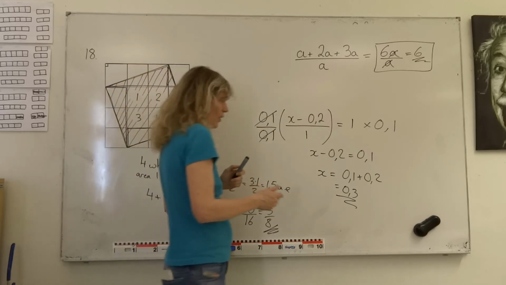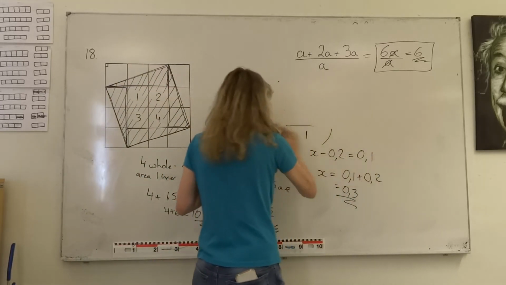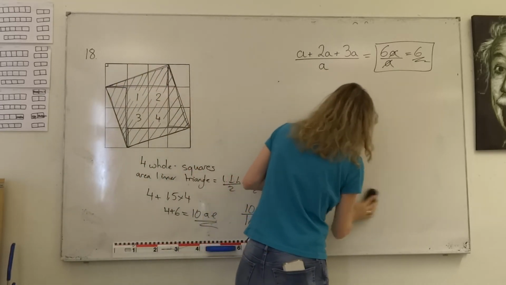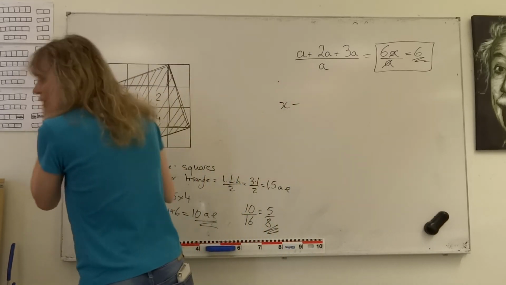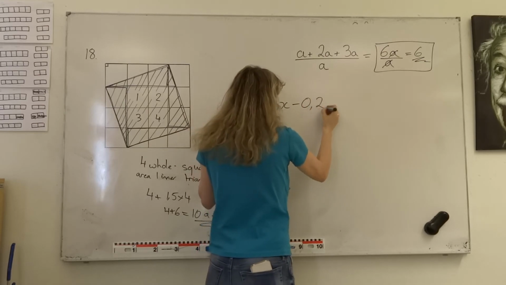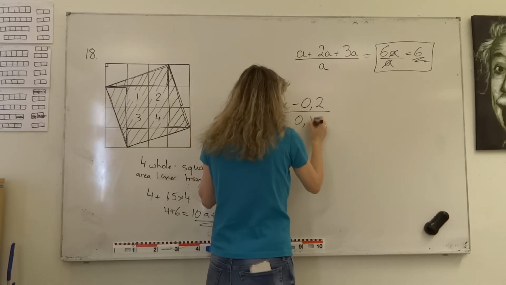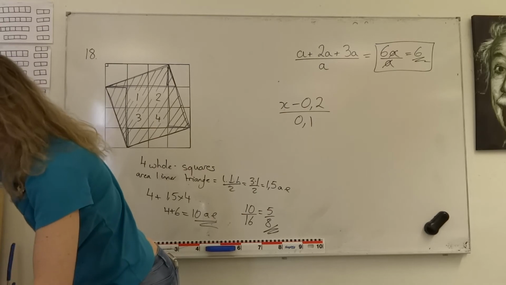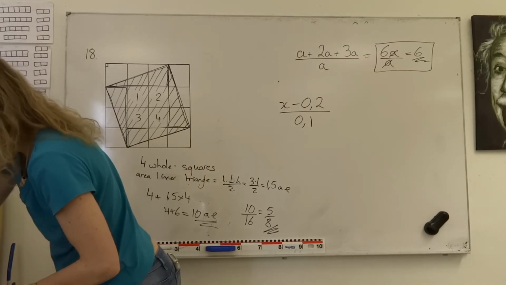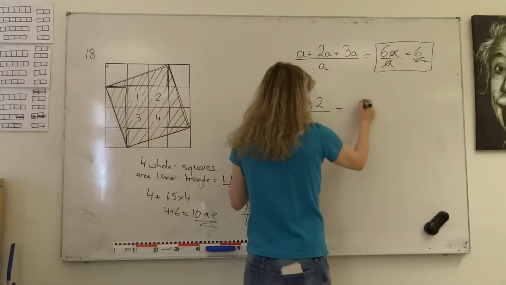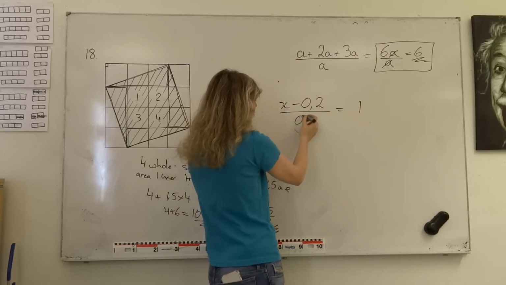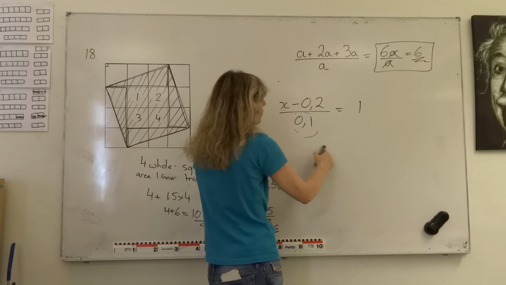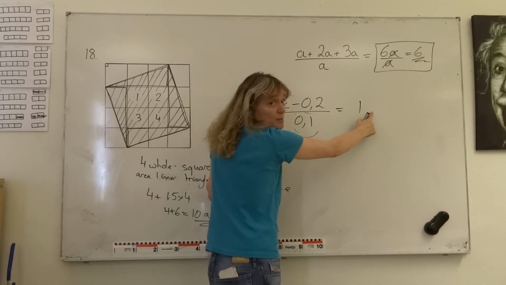Another way of doing this one, which I think is a little bit easier, is if we rewrite that again. x minus, what was it, 0.2, all divided by 0.1 equals 1. I've told you that anything that's divided on one side of the equal sign, when it goes to the other side of the equal sign, becomes multiply.